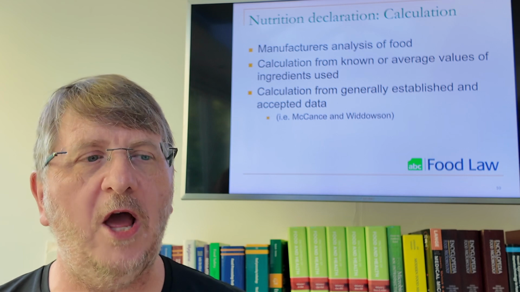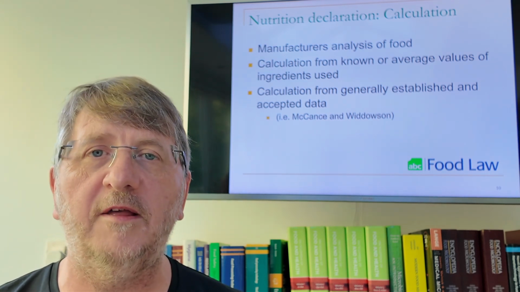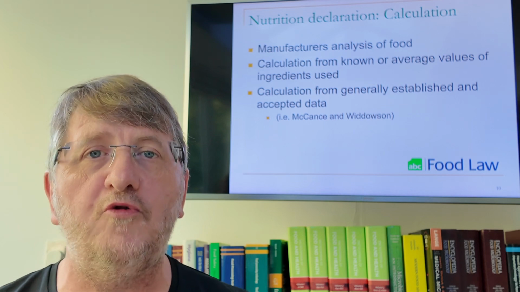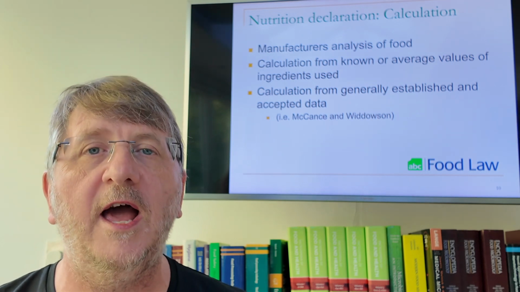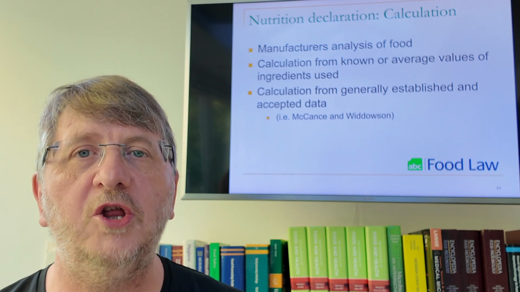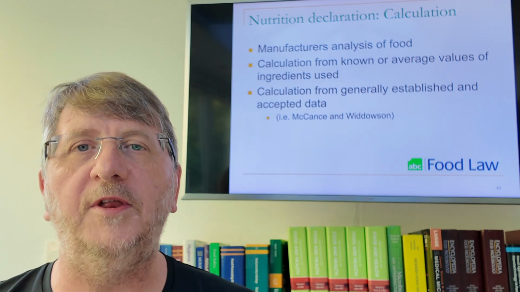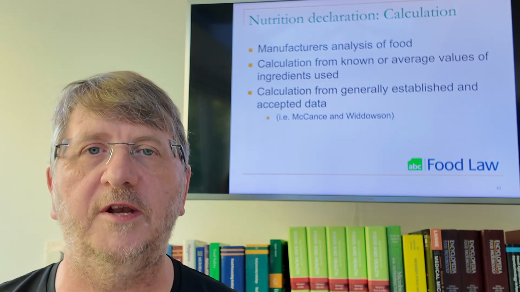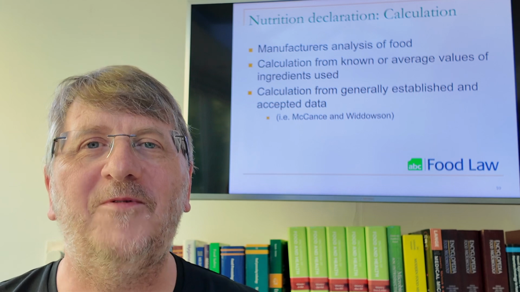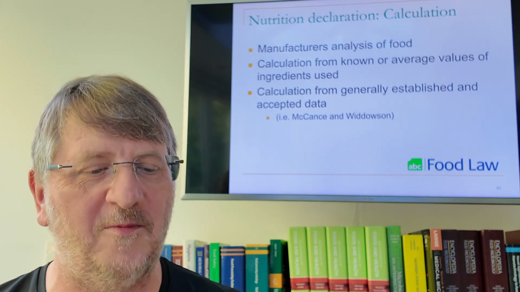You can use calculations from known or average values of ingredients. So if you've got several ingredients in your food, you can take the nutritional information from those ingredients and include them in the food. Or you can use generally accepted data. That would be, for example, in the UK, from McCance and Widdowson, a very common data set published by our colleagues here at the Norwich Research Park, where we're based.